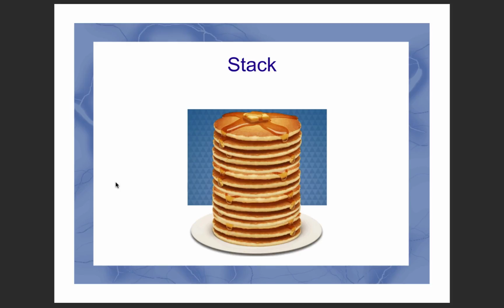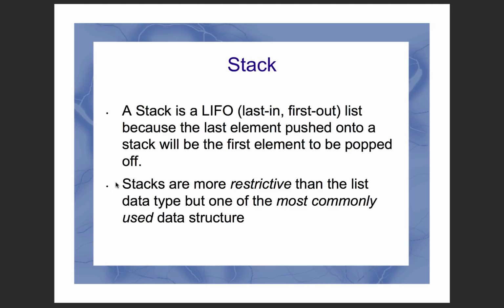That pancake was basically kept at last. So the data or the pancake which was kept on the stack last is taken out first. That's why it's called LIFO: the last element pushed onto the stack will be the first element to be popped up.